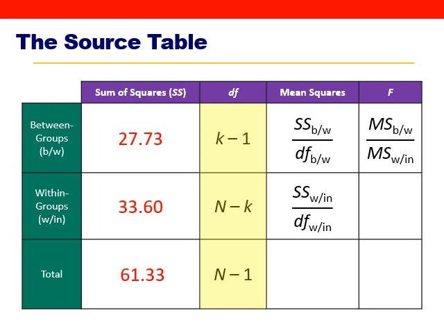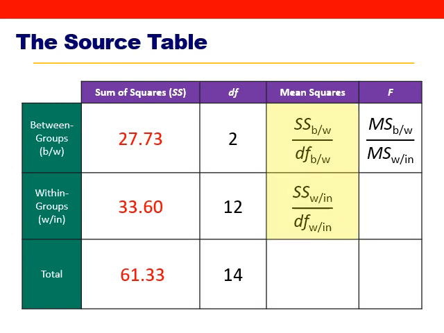Our within group degrees of freedom is going to be equal to big N minus K, which is 15 minus 3, or 12. And finally, our total degrees of freedom will be equal to big N minus 1, which is 15 minus 1, or 14. So from top to bottom, our degrees of freedom will be 2, 12, and 14. Let's put those numbers in our table. Again, we can always double check by making sure that the first two numbers add up to the third number. 2 plus 12 is in fact 14.